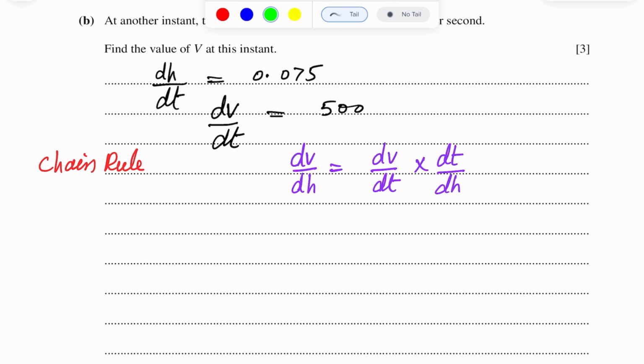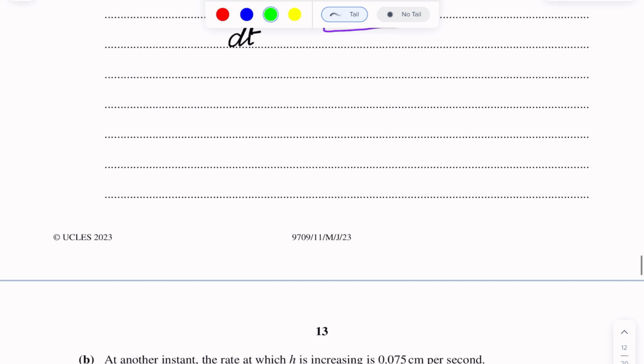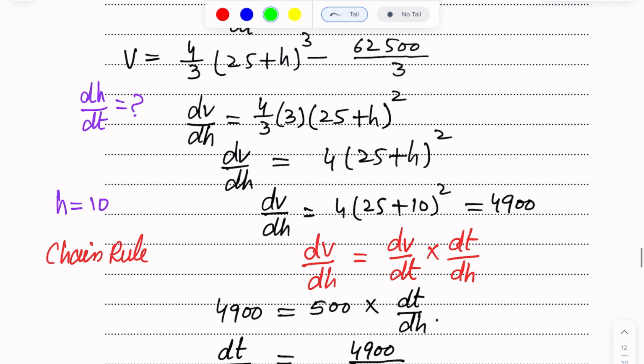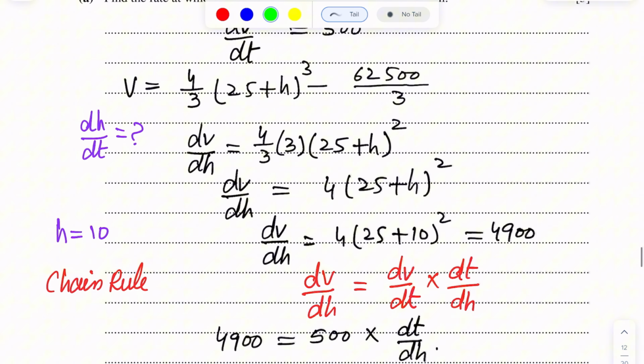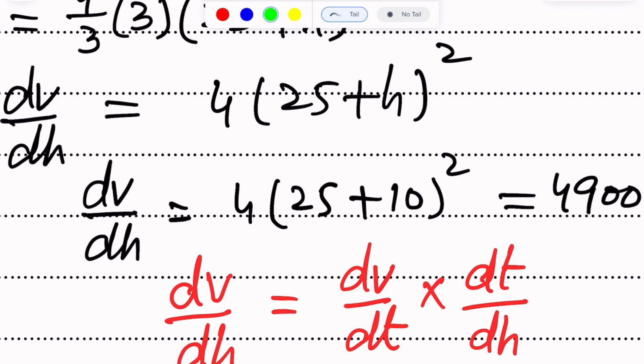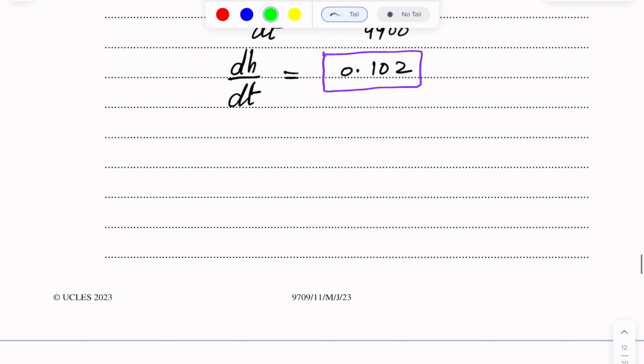We have to find the volume. Now dV over dh we have already found in part A: 4 into (25 plus h) whole squared.